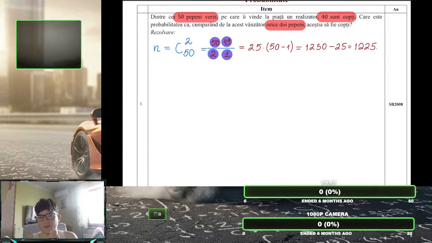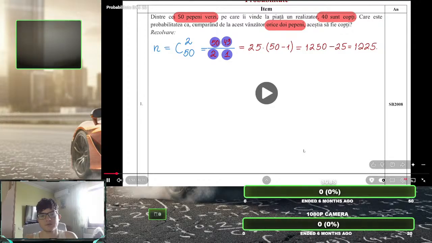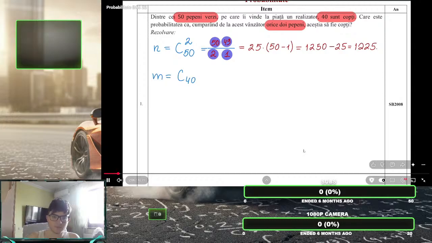So for the first one, it's going to be C(40,1), and the second one times that also. But we took one, so C(39,1), so I think 40 times 39 is going to be the m, right? Pretty sure it's that.